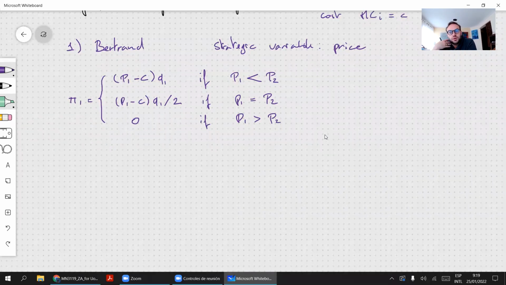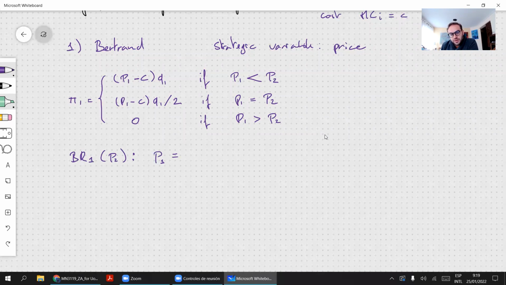So typically what we look for in this kind of setting is the best response function, right? The best response function of any firm. So for firm 1, which should be a response to whatever the other firm is doing, is going to be the price that I'm going to set as a function of the price of my competitor.